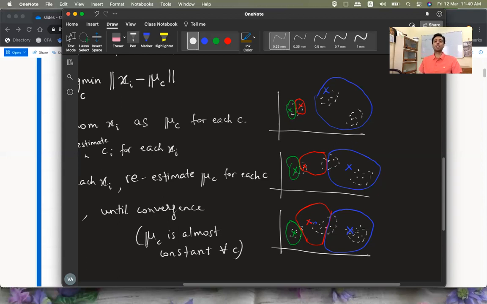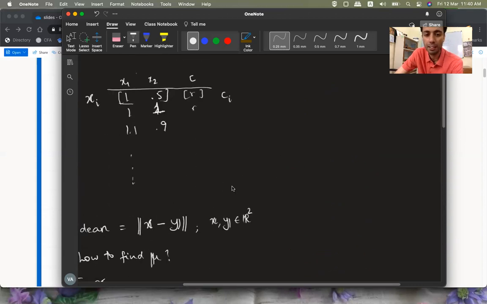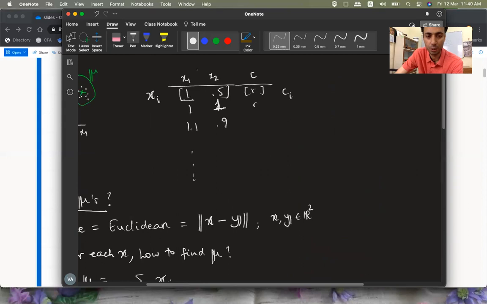So this is called unsupervised clustering. Why unsupervised? Because you only had the data to start with, and you didn't have any target labels or any desired labels, right? You just had some data to start with.